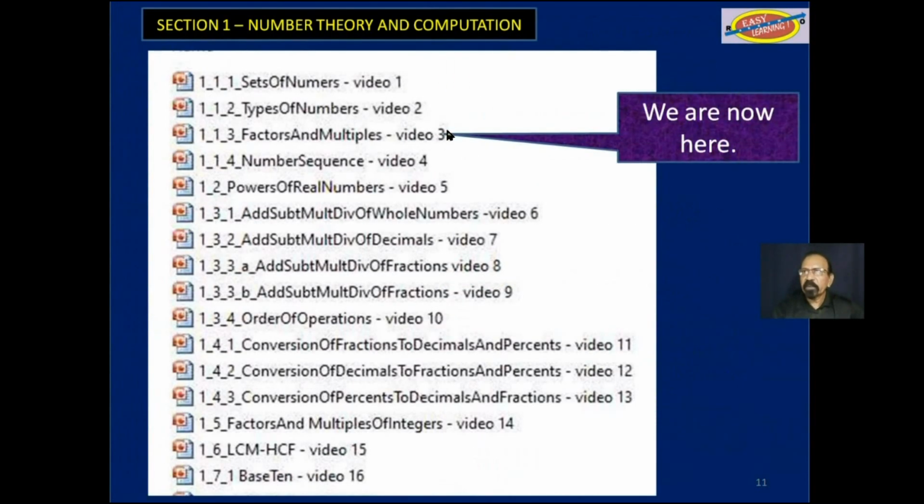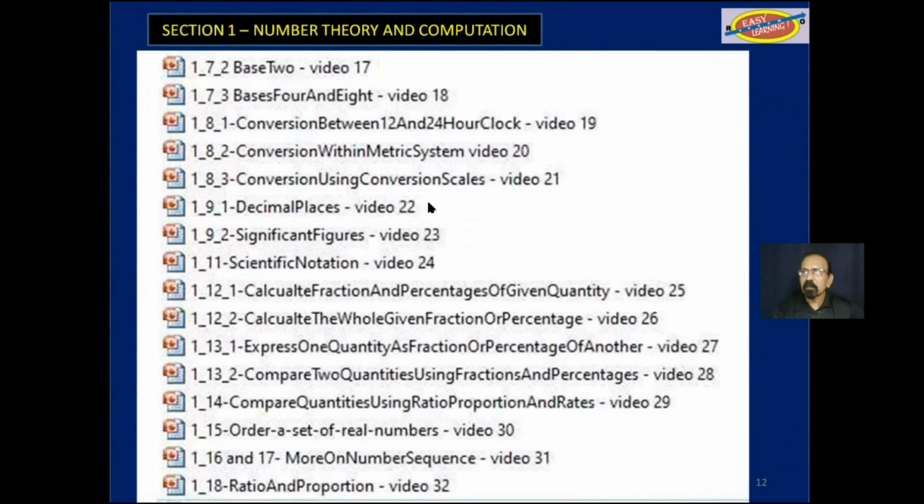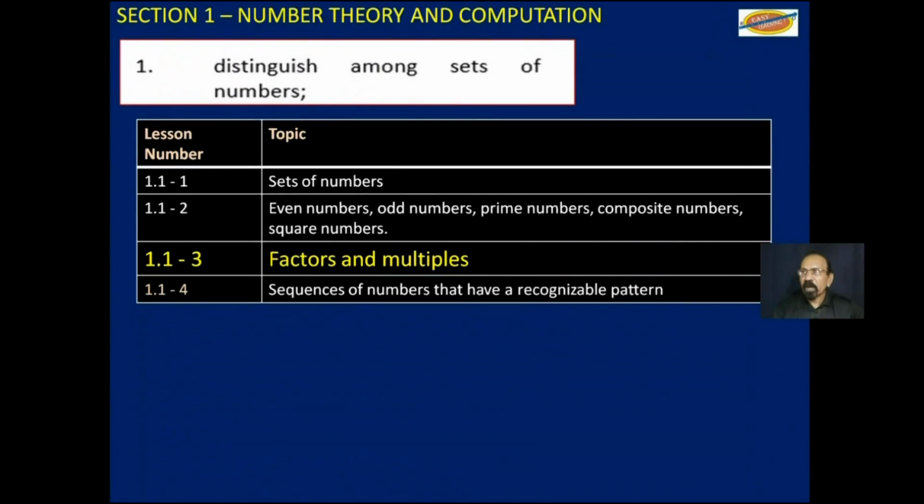We are now at video 3 in section 1, number theory and computation. And of course, we have to go up to video 32 for section 1. We are still on objective 1, distinguish among sets of numbers. We dealt with video 1, sets of numbers.